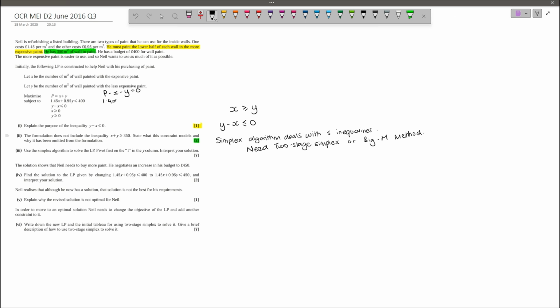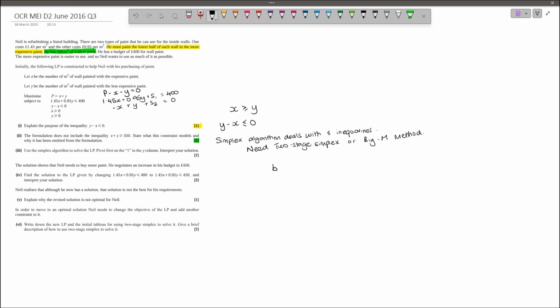My first inequality, I'm going to write as 1.45x plus 0.95y plus a slack variable S1 is equal to 400. My second equation I'm going to write as negative x plus y plus the slack variable S2 is equal to 0.